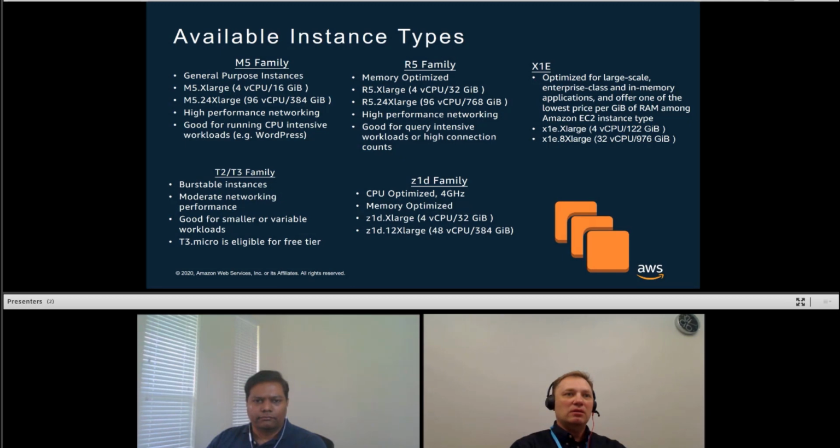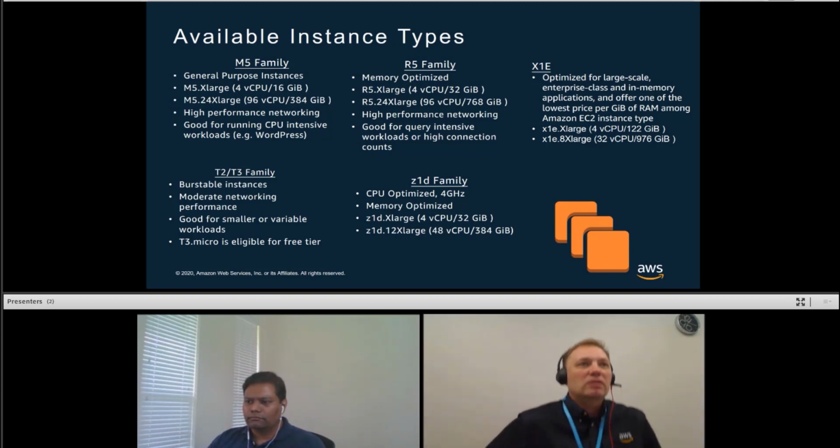Out of that gamut, for RDS we select only those that make sense for a database workload. For those of you who are not familiar, we go by families. For example, the M family is our general purpose instances, suitable for a wide variety of workloads.